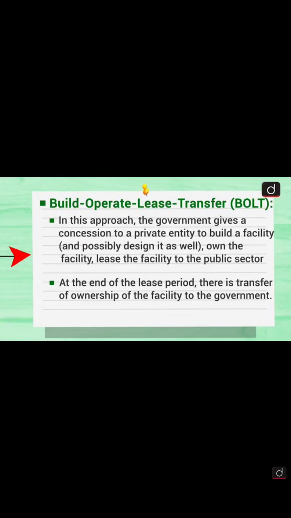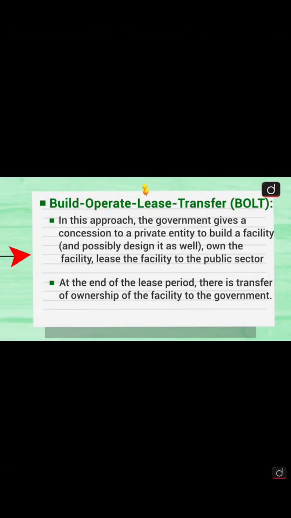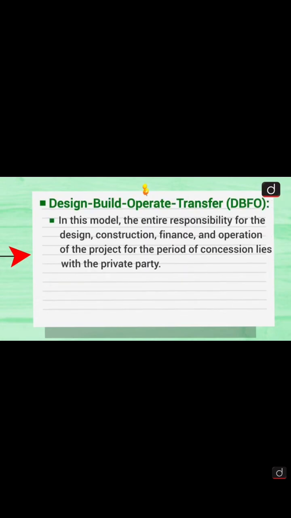In this approach, the government gives a concession to the private entity to build a facility and possibly design it as well, own the facility, lease the facility to the public sector, and at the end of the lease period there is a transfer of ownership of the facility to the government. So kind of a toll, because they need to transfer.